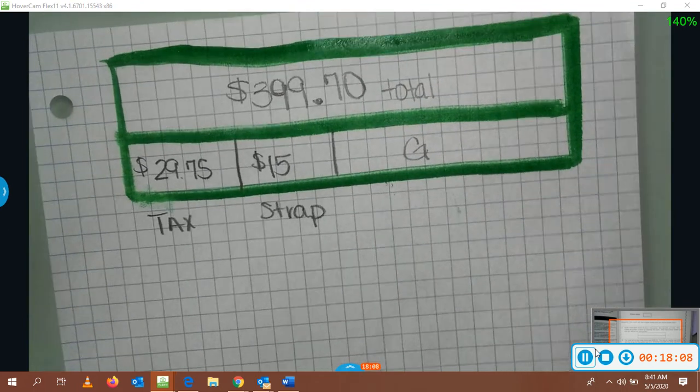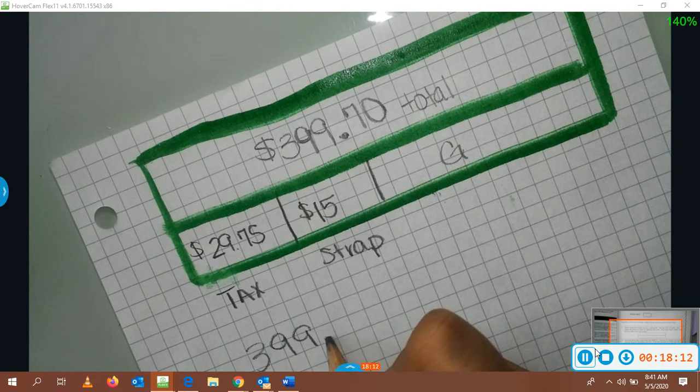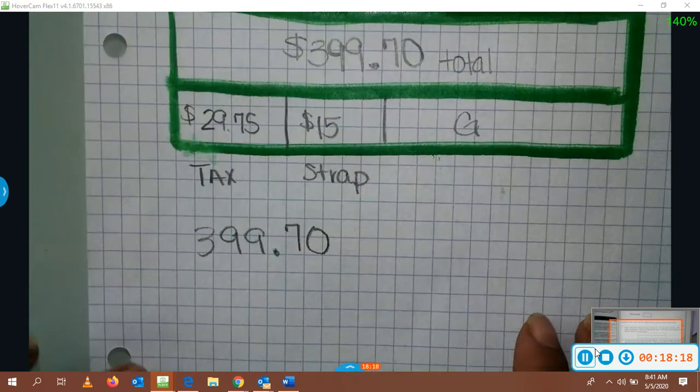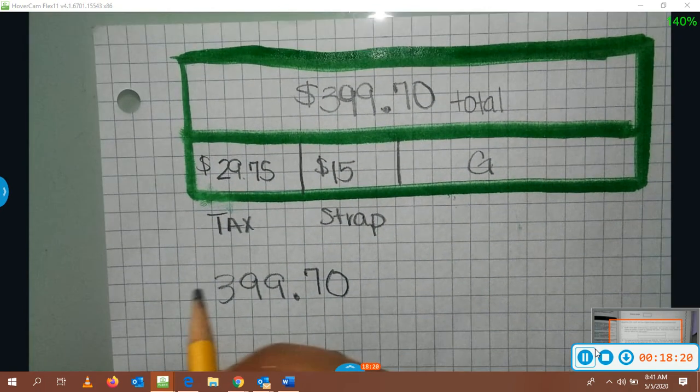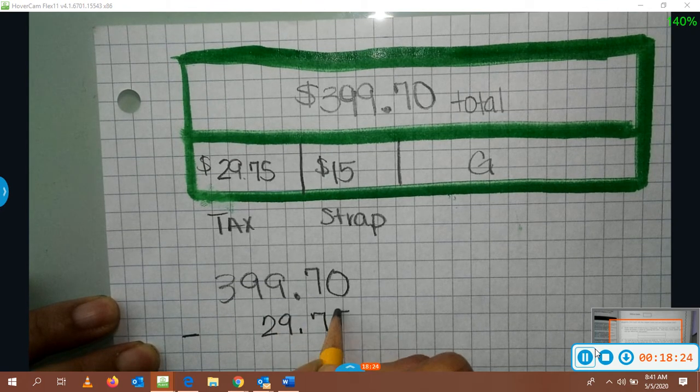So we do know that the bill was $399. Remember to line your decimal points up. $399 minus $29.75.